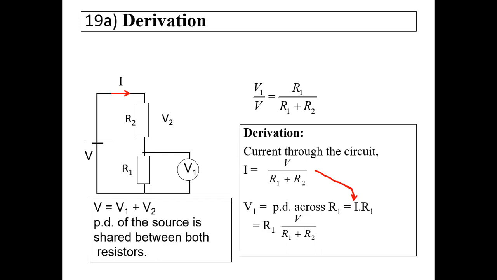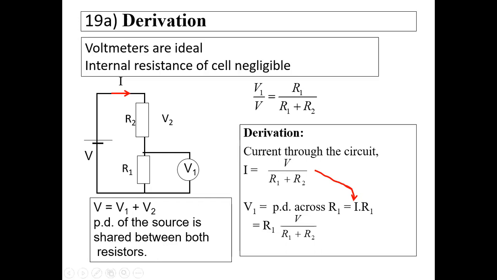V equals potential difference across R1 means it's IR. Which I'm confused. No, the PD across R1 equals IR1.